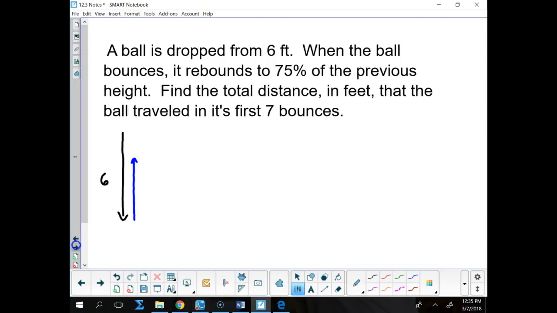And that's how many bounces? That's 1 bounce. Then what happens? Ball goes back down again, and bounces back up. How many bounces is that? That's 2.